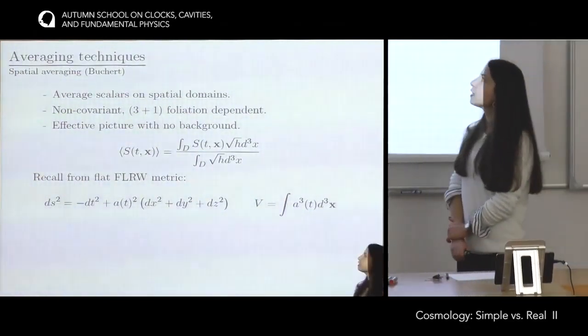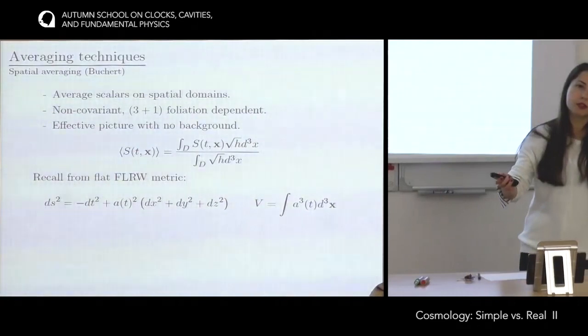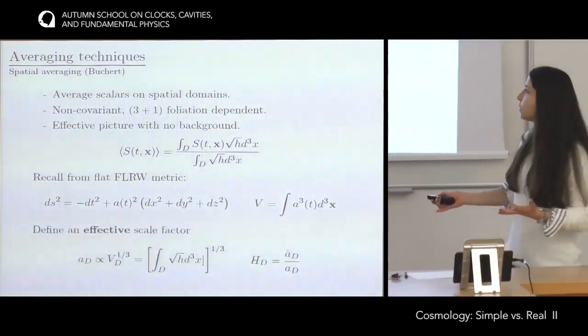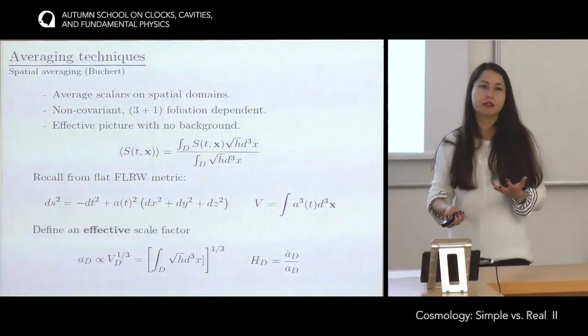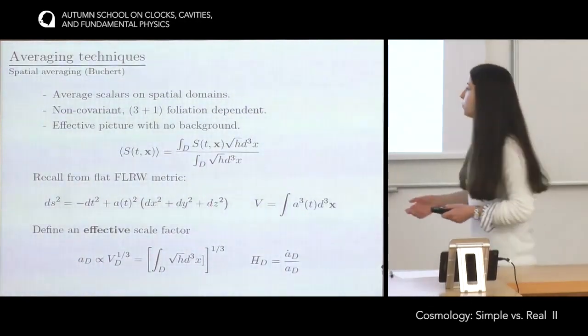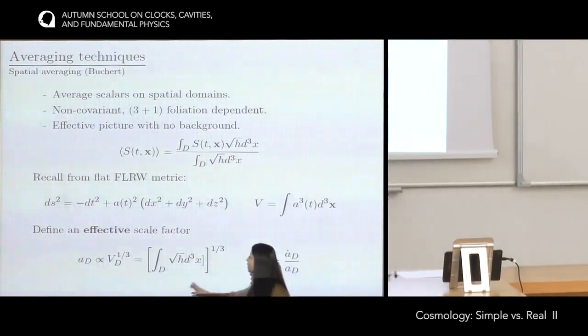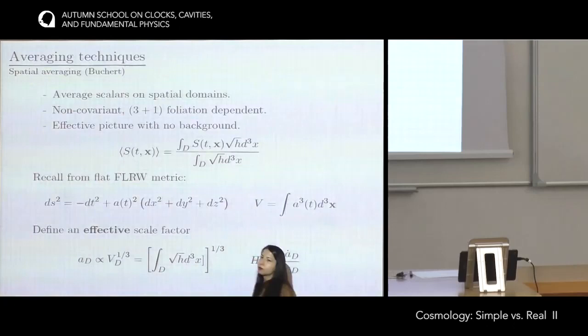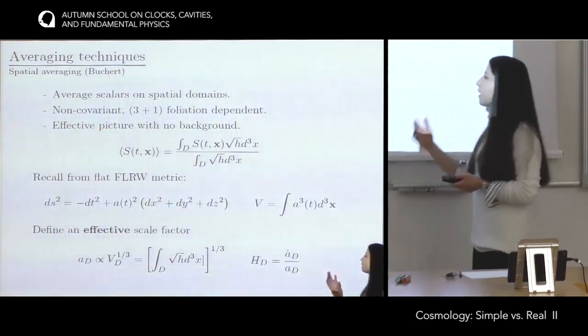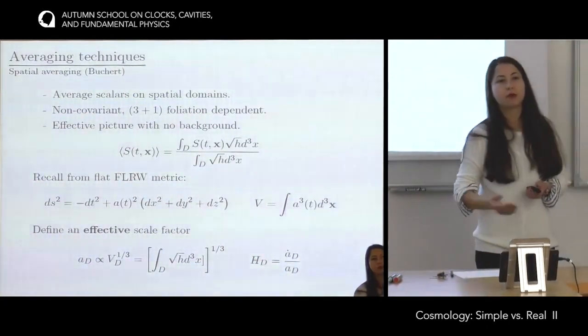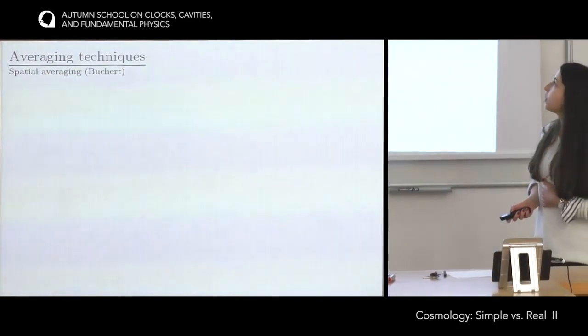Here, since you have some spatial domain, you can define an effective scale factor for your domain via the volume element. You simply take its 1/3 power, and you define an effective Hubble parameter.